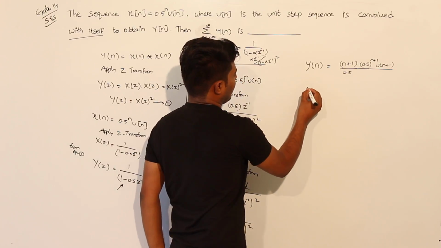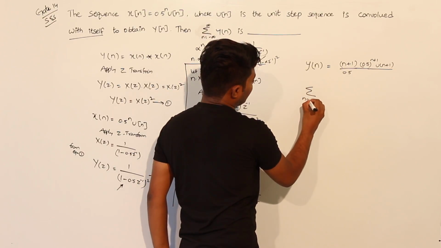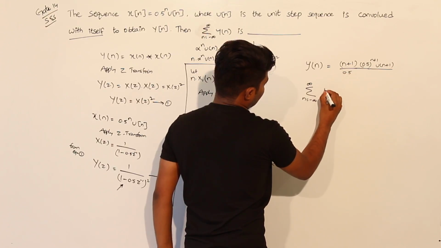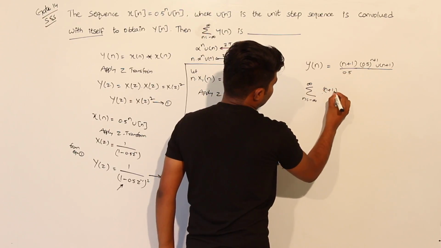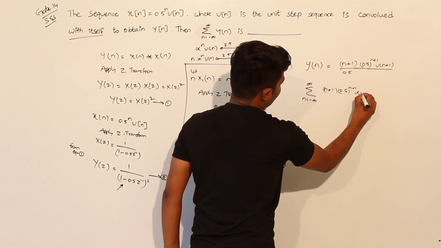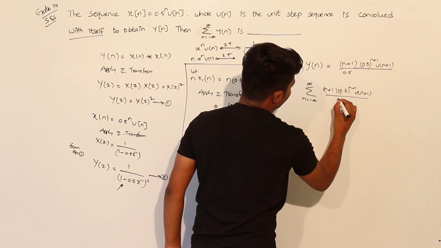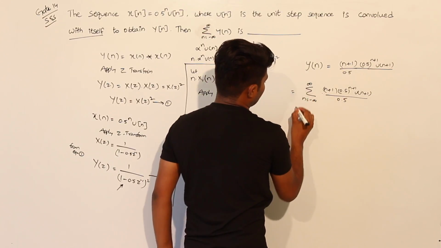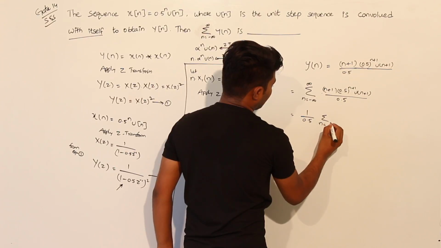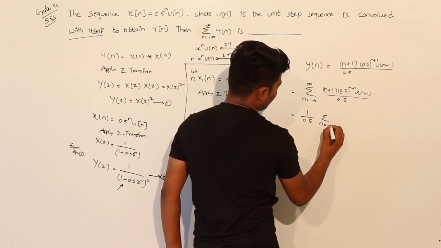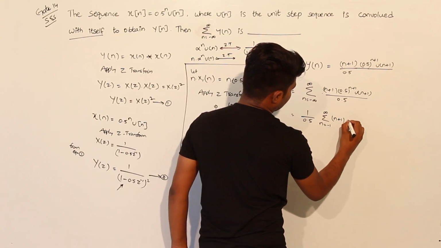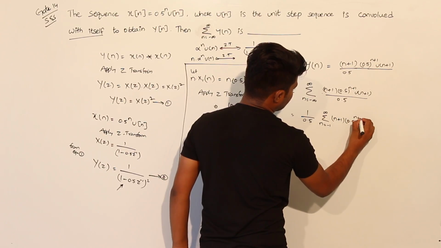Now we have to find the summation n equal to minus infinity to infinity of y of n. Write the same: (n plus 1) into 0.5 whole power n plus 1 into u of n plus 1, divided by 0.5. Take 0.5 outside, n equal to minus 1 to infinity of (n plus 1) 0.5 power n plus 1.